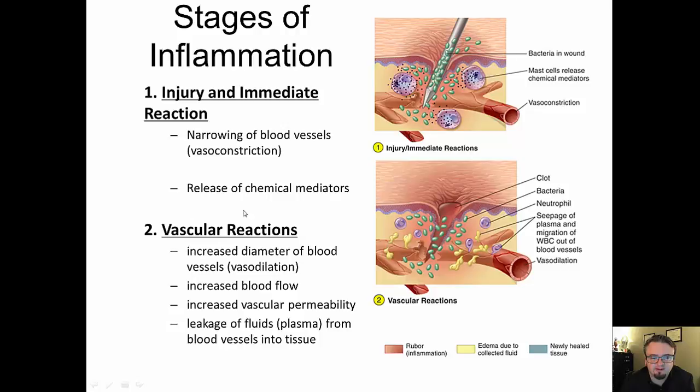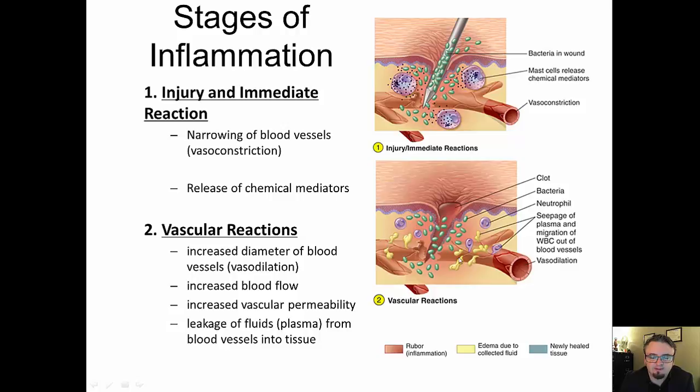And so that's what you see here in this next stage. After the constriction has taken place long enough, and theoretically a blood clot will form that prevents excess blood from being lost, the next thing that's going to happen is now the vessels are going to dilate. So you go from a constriction to a dilation.